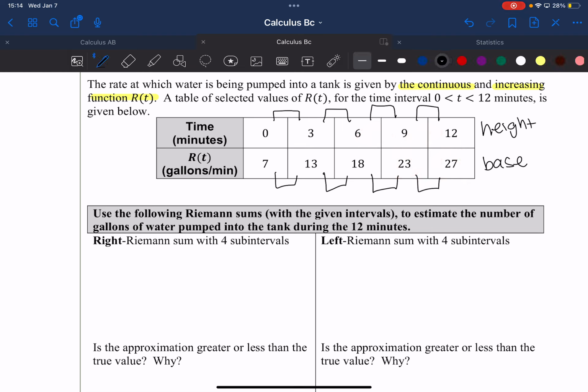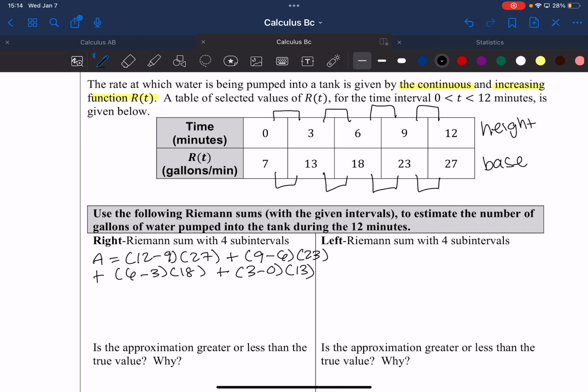So what that looks like is that we have area is equal to 12 minus 9 times 27 plus 9 minus 6 times 23 plus 6 minus 3 times 18 plus 3 minus 0 times 13.